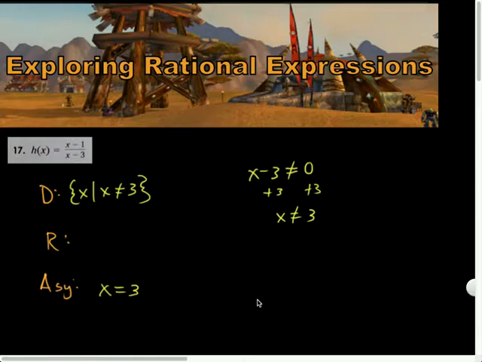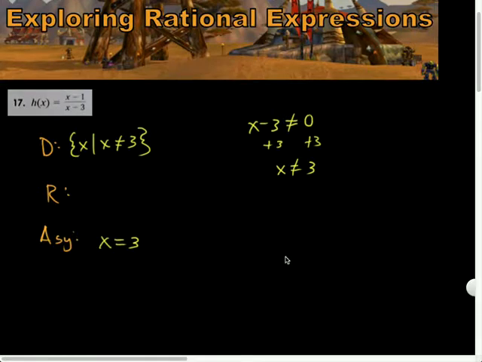Now, to determine horizontal asymptotes, that was all about the end behavior of this graph. And I taught you a trick where it's all about comparing the ratio of the leading terms. So for the leading terms, I have x to the first over x to the first. When it's a tie between their degrees, you figure out the ratio of their coefficients. So 1 over 1 is 1. Therefore, my horizontal asymptote is 1 over 1, or 1.